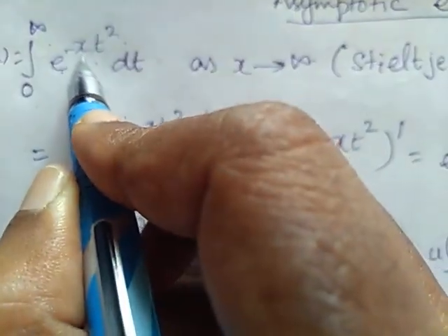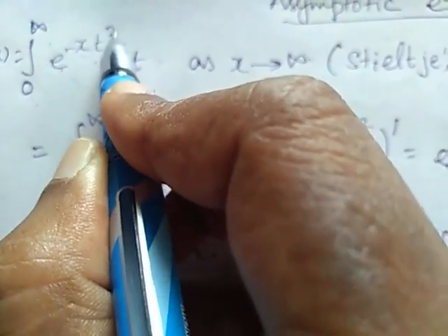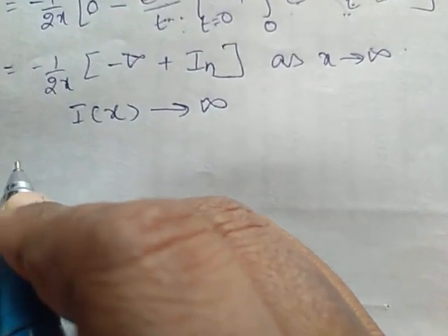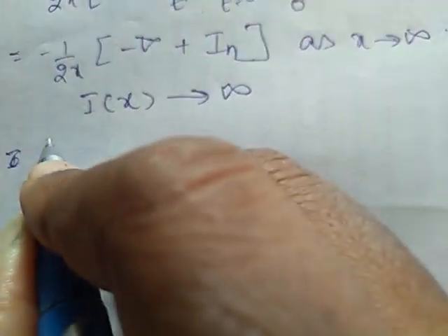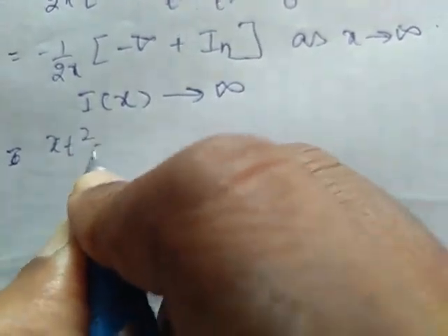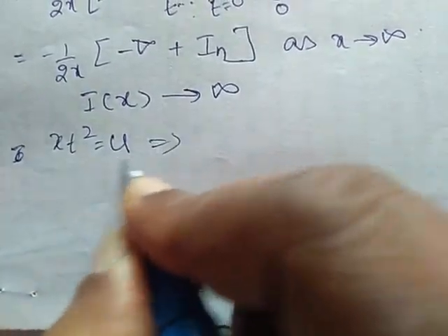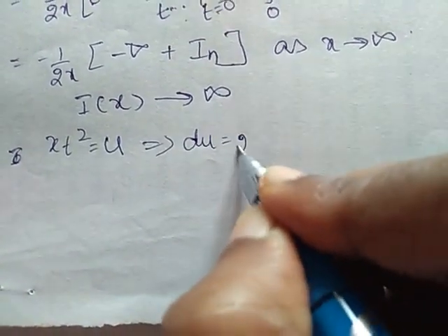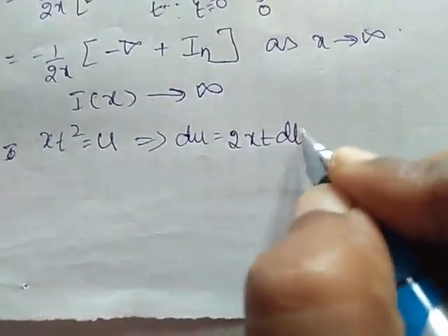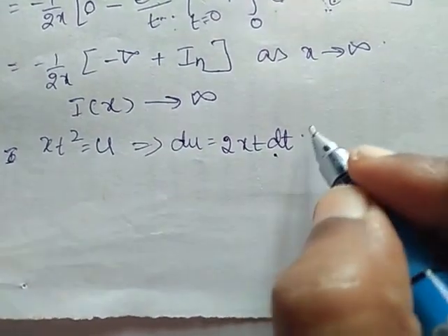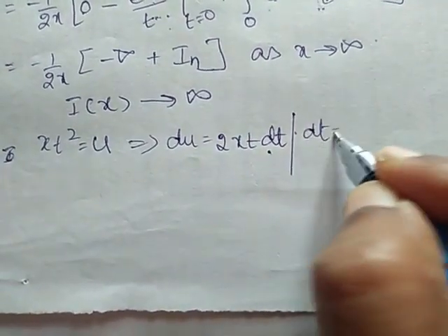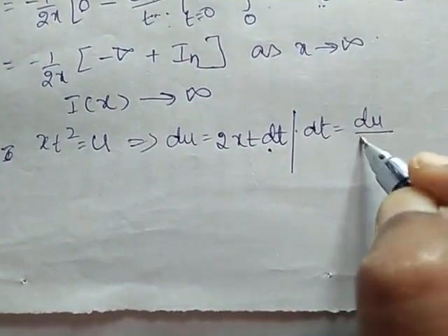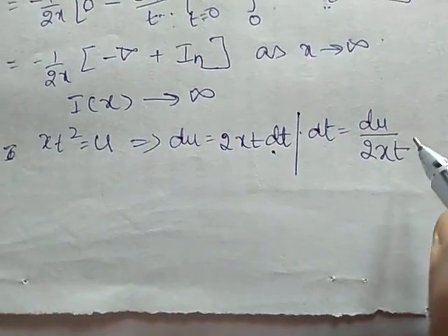So I am going to substitute x t square as s, or some other variable u. So x t square is equal to u. This implies, what is du? du is 2xt dt. So what is dt? dt is du by 2xt.